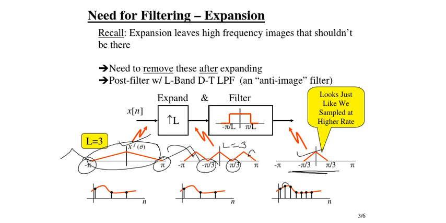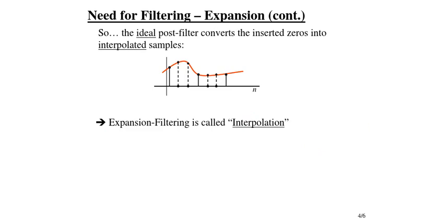Compared to the original output, we got two new samples, and those are not zero, which is much better. Although we started by introducing zeros, we get new samples, so interpolation is sometimes very useful.